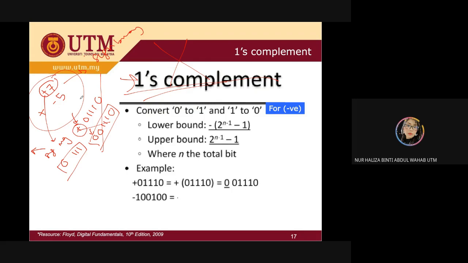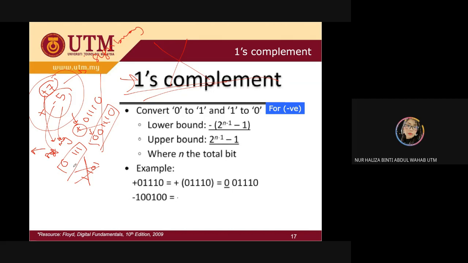Then when you have a negative number over here, you cannot apply the sign magnitude. Let's say over here it is going to be 101 for 5, right? And then for magnitude you need to put 1. You cannot do anything like this, especially for first complement.